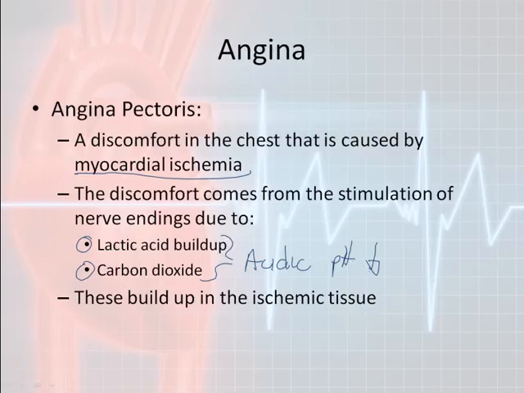When this pH drops, nerve endings are stimulated that send messages to the brain. Basically, they're pain nerves. The brain goes, oh my God, we're having some pain. But we don't always feel it as a pain. It could also come across as a discomfort or a weird feeling of some kind. These lactic acids, carbon dioxides, all of these little things that are building up due to ischemic tissue come from the blockage of that coronary artery.